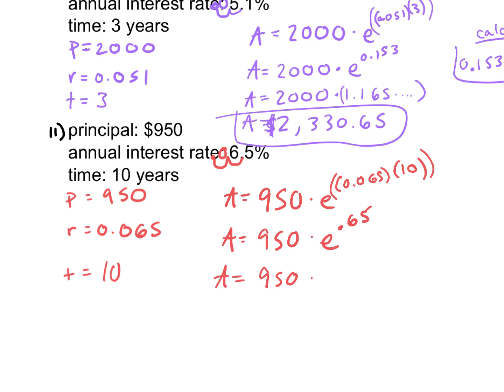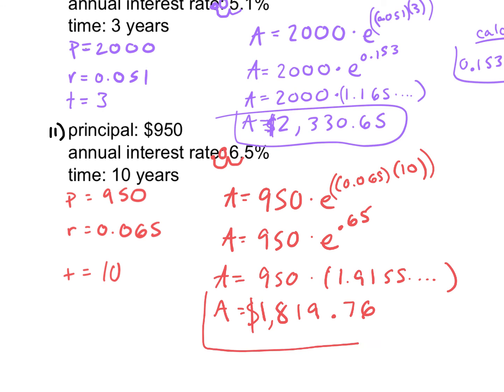The exponent. So E raised to the power of 0.65 would be 1.9155... It keeps going, but we're going to leave it in our calculator. And then we multiply this times 950. And we get 1,819.76. That's our answer.